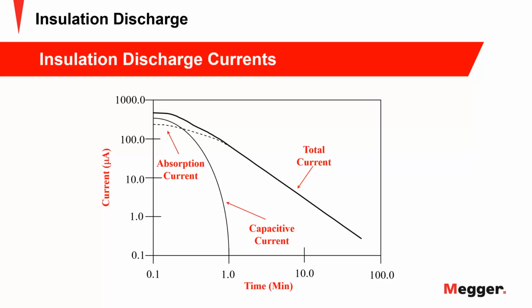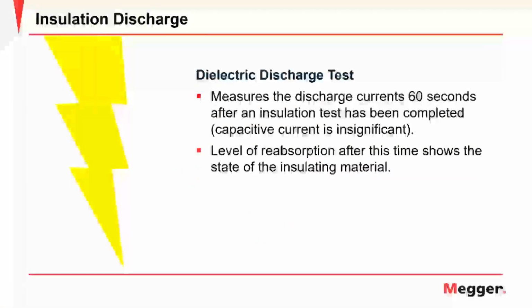That drops quickly, and now it's only looking at the stored current in the insulating material. And now it's going to measure how much current is still left discharging after a minute.